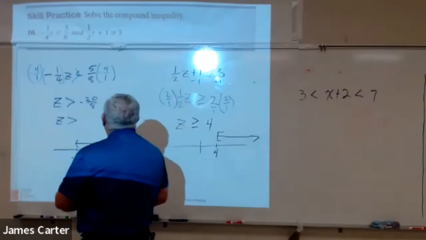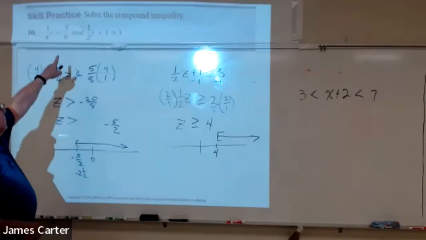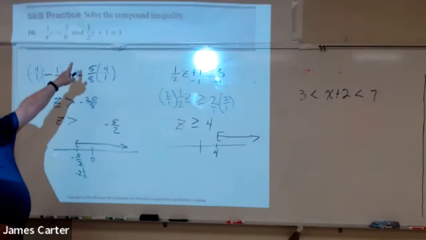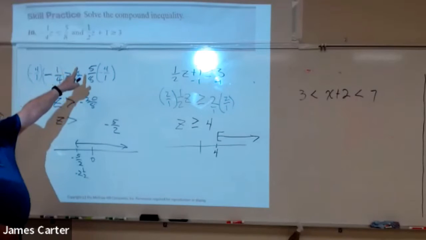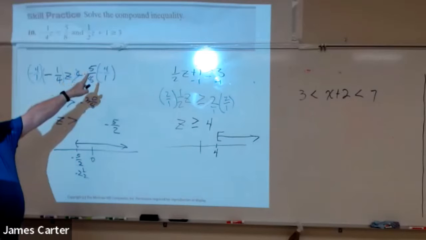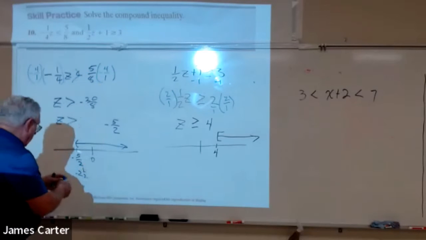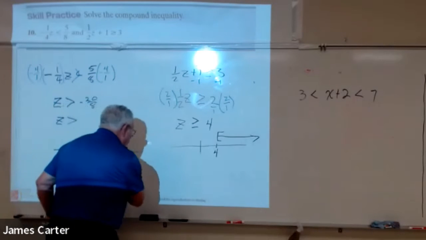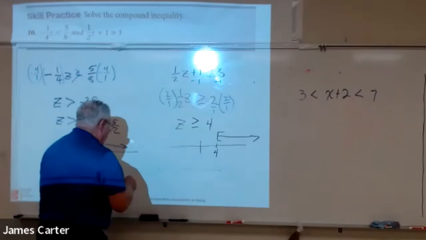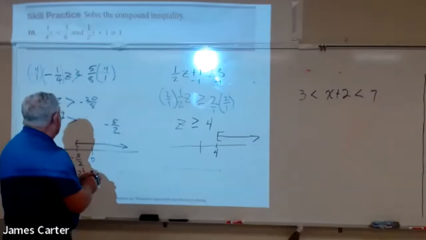Okay, so what about the solution of this thing? It's looking for an intersection. So we're looking for shared in common. Well, here's a graph. Not a very straight line.